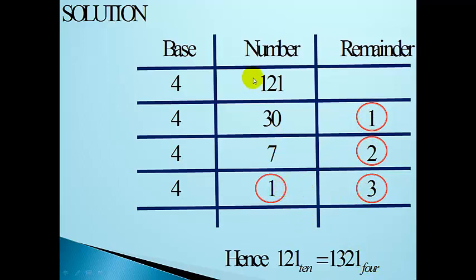Now I repeat. We are given the number 121 to convert to a number in base 4. In tabular form, we have the base, the number, and the remainder.